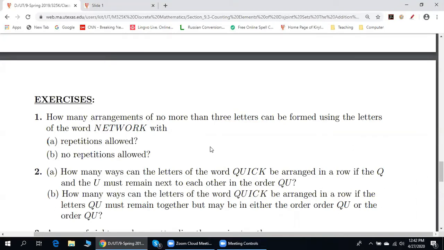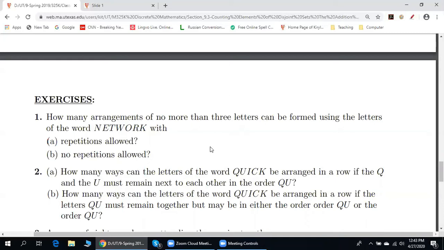Why do we have 399? That's 7 plus 7 times 7 plus 7 times 7 times 7. Exactly. The final answer is 7 plus 7 squared plus 7 cubed. Okay, 1B. Can anybody help me with 1B?